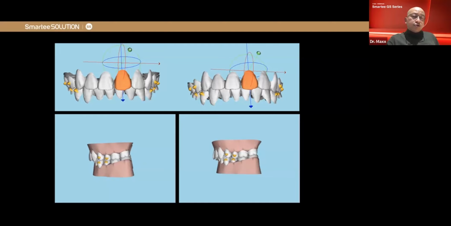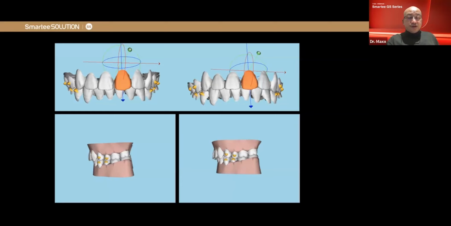So which one could we choose, the left one or the right one? Of course, we choose the right one. Why do we choose the right one? Because in the right animation design, we proclined the crown. And because the rotation center is at the gingival margin, the root must rotate to the palatal side. So could you imagine that?